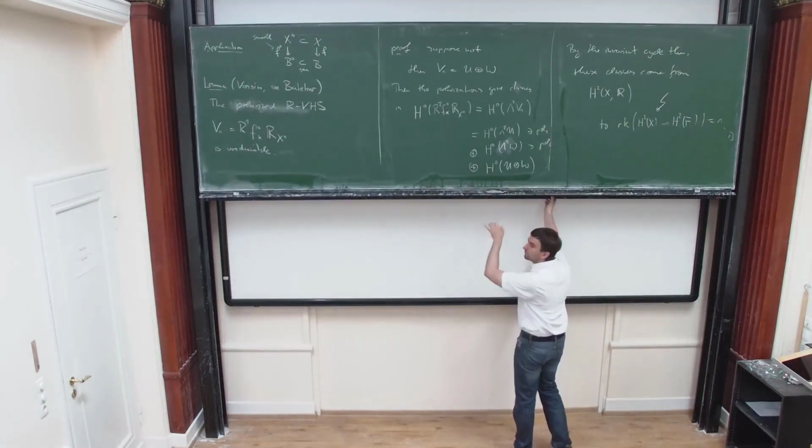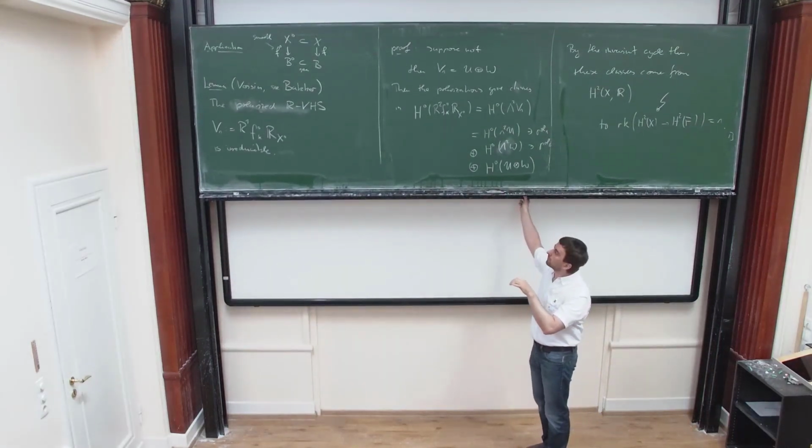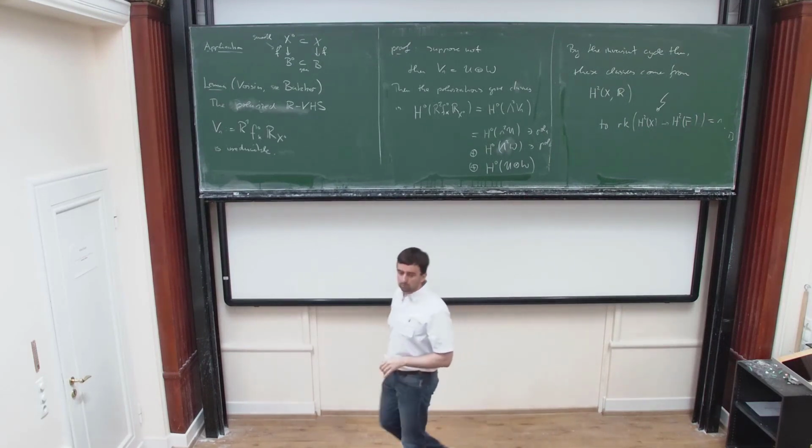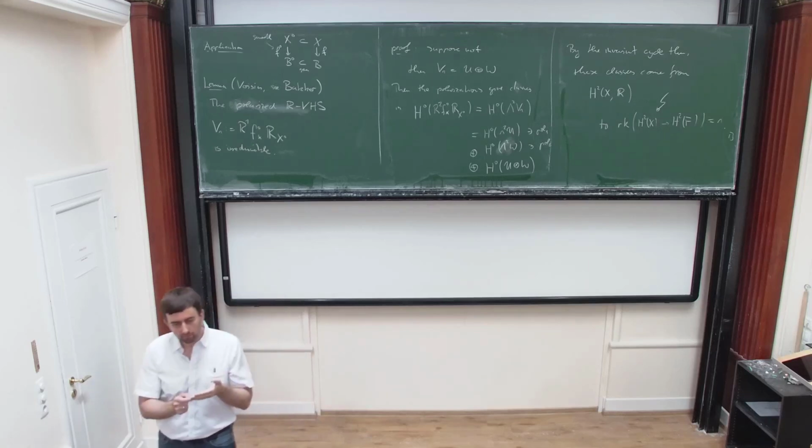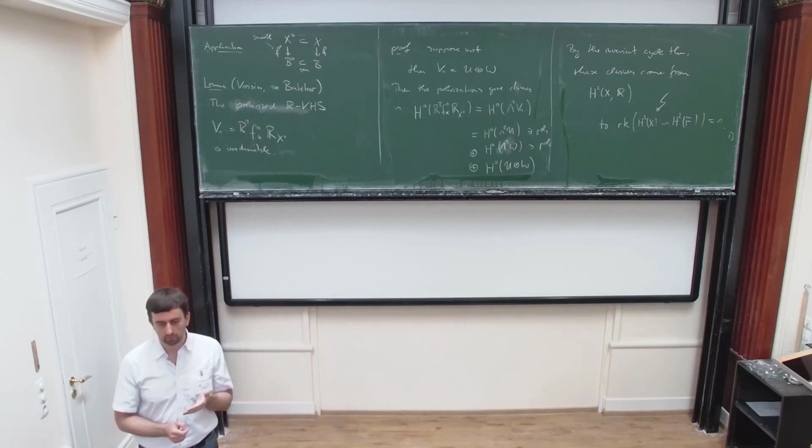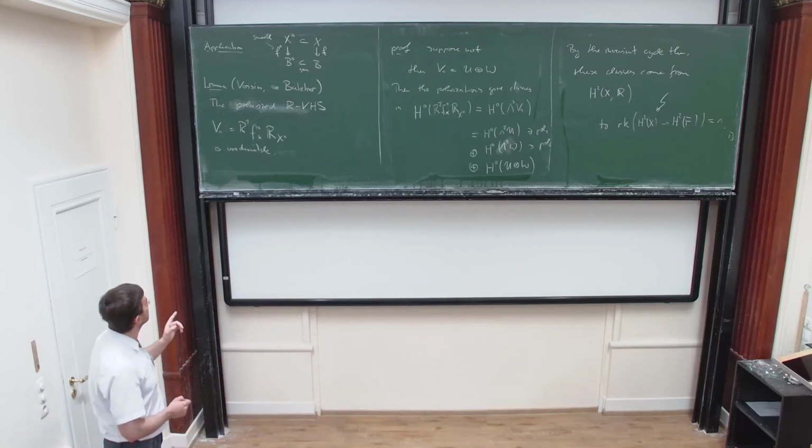Sorry, Christine, I didn't get what this bold R is with respect to. R just means the real numbers, and that's the locally constant sheaf. Okay.